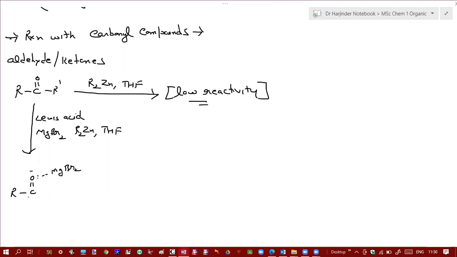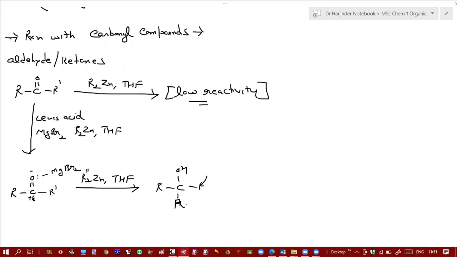That increases the partial positive charge over this carbon, and now they are much more reactive, so dialkyl zinc can easily react. They undergo addition to these aldehydes and ketones in the presence of Lewis acids, and your product will be the corresponding alcohol, but even then the yield is very low.